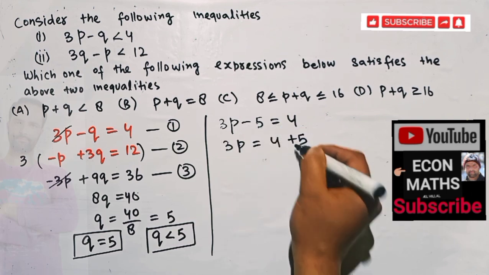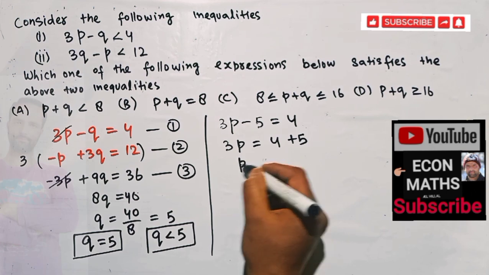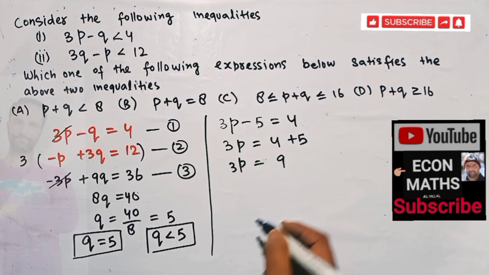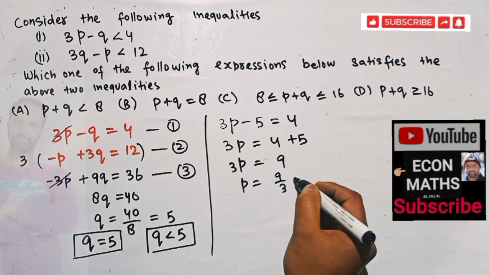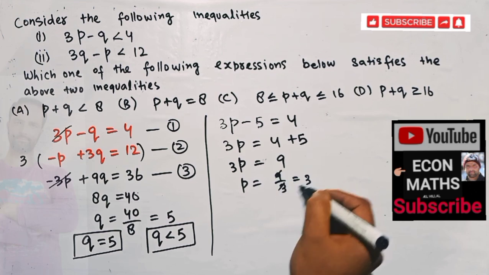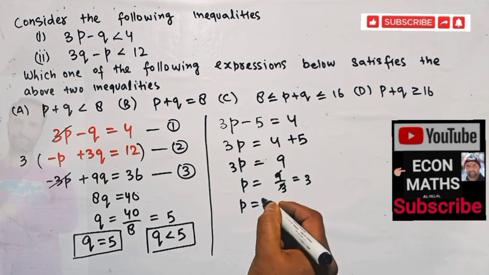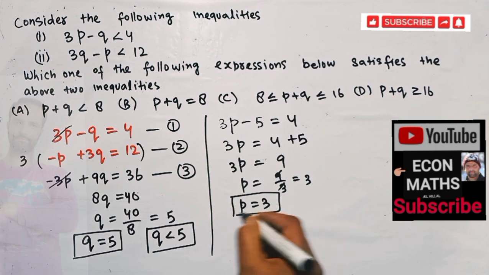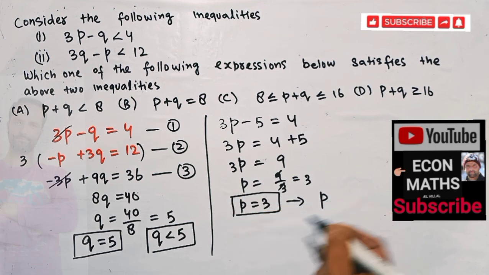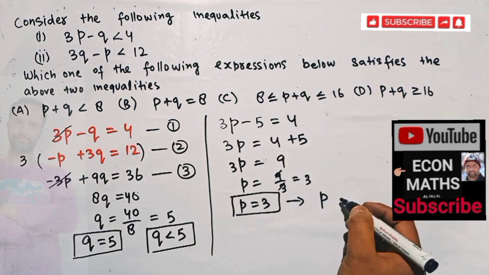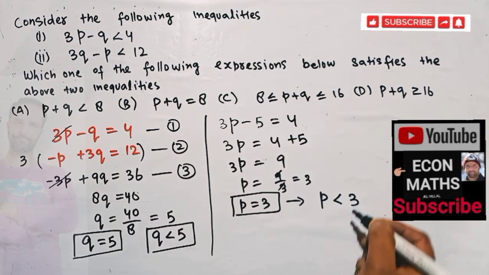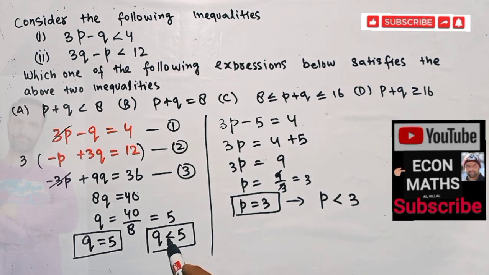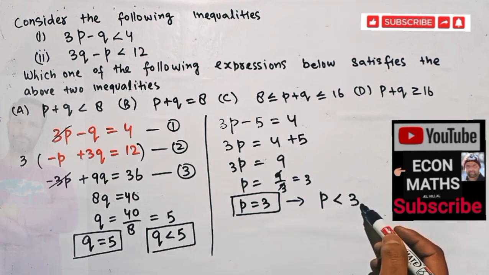Transposing this will become plus 5, or 3p is equal to 9, or p is equal to 9 upon 3, which comes out to be 3. If we write it back into inequality form, that means our p should be less than 3. Okay, so we have q less than 5, p less than 3.